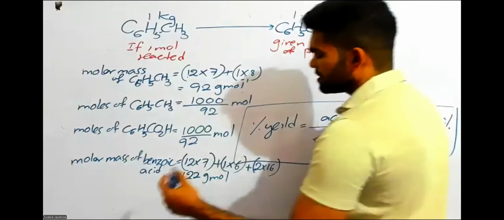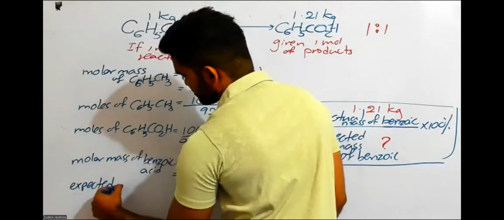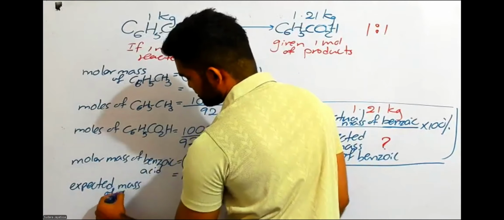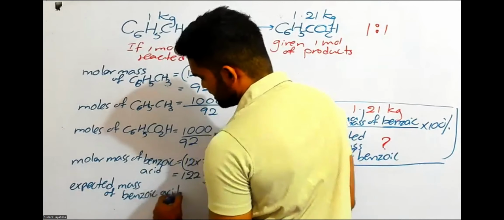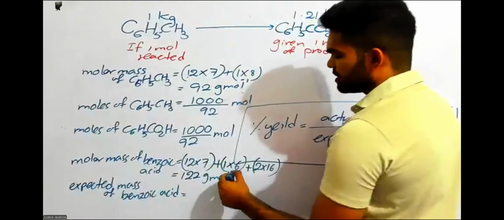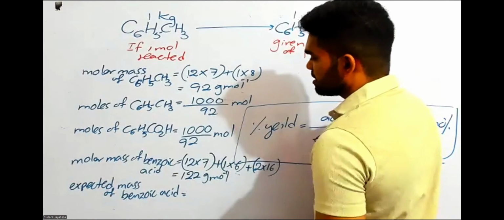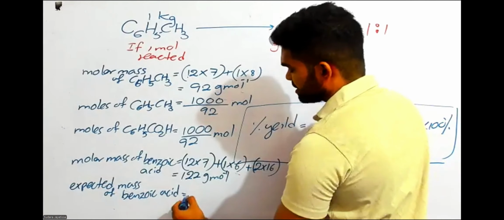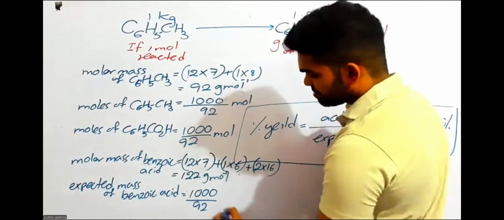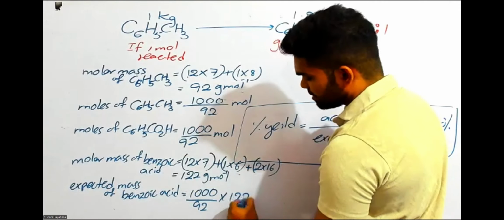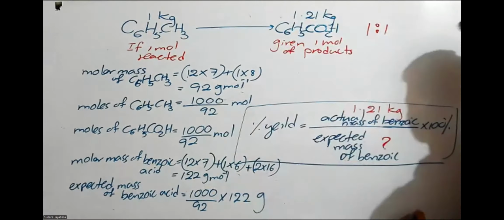From this you can find the expected mass of benzoic acid. Just multiply the number of moles we are expecting, 1000 over 92, by 122. This is your expected mass in grams.